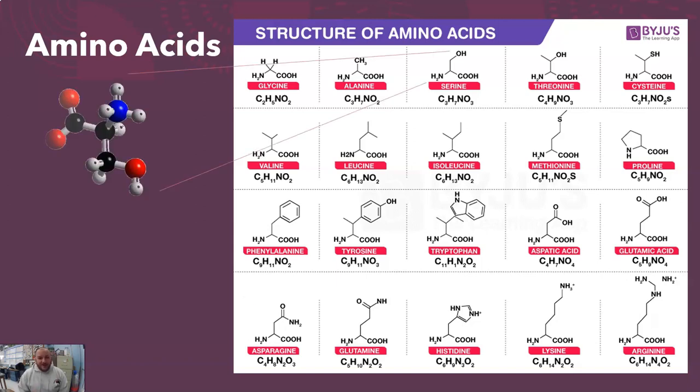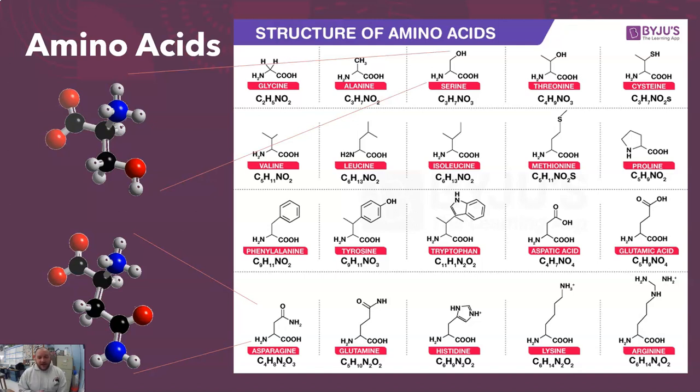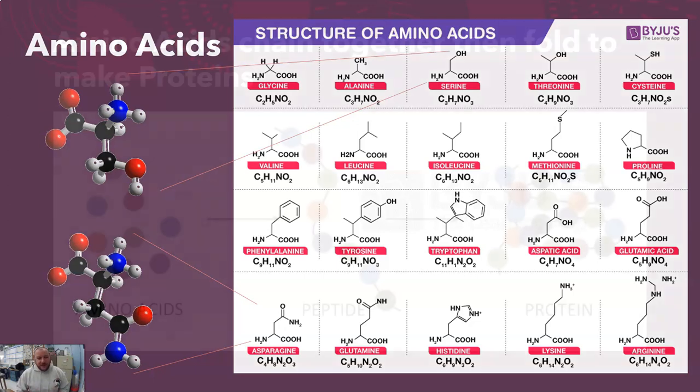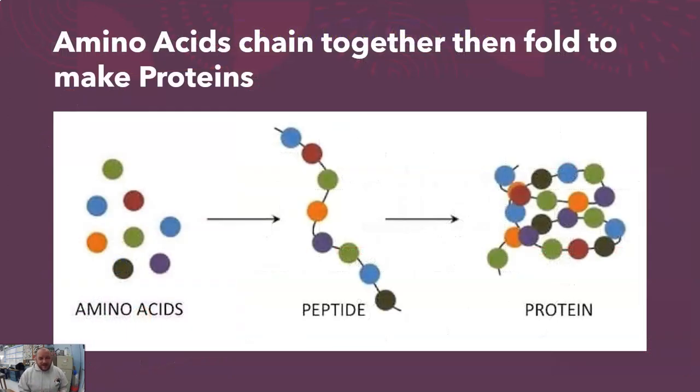Here are a couple more detailed models of 2 of them, serine and asparagine. And again, these amino acids are chained together to make up our proteins. The way they're set up, you can take these different amino acids, they chain together in what's called a peptide, and then that peptide folds up to make a protein. So all of the proteins in our body are amino acids chained together and folded up in different ways.